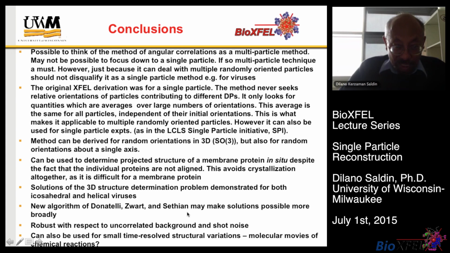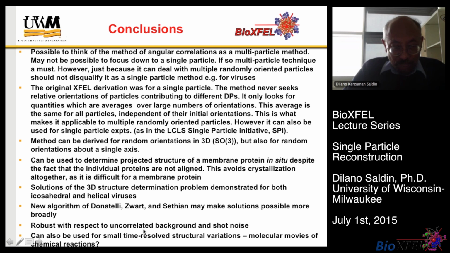But if this algorithm works, and it's still very early days yet to know whether it will, it will mean that we can find the B's, and from that we can find the rhos of an arbitrary protein or arbitrary substance, whether or not these are single particles or multiple particles in random orientations.